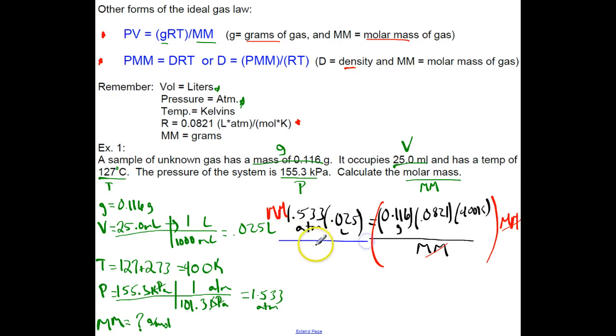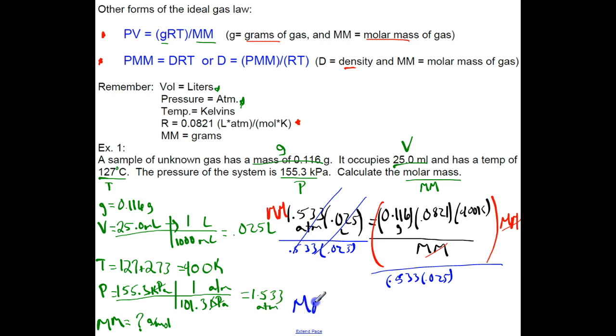So on each side here, I'm going to divide by those two numbers to get rid of them here. And I'm dividing this whole thing, which is really just this top numerator, by the same 0.533 times 0.025 on the bottom.